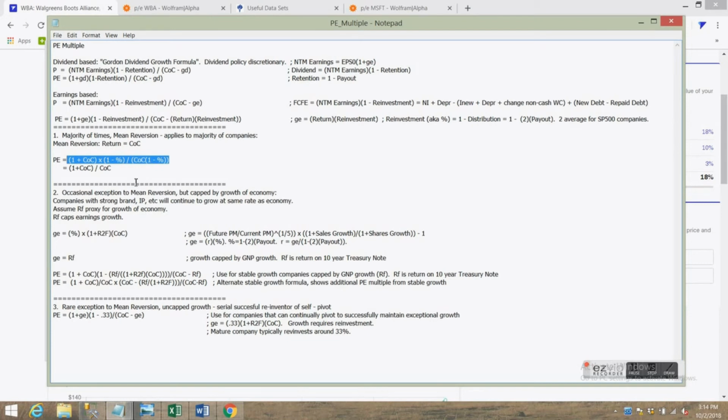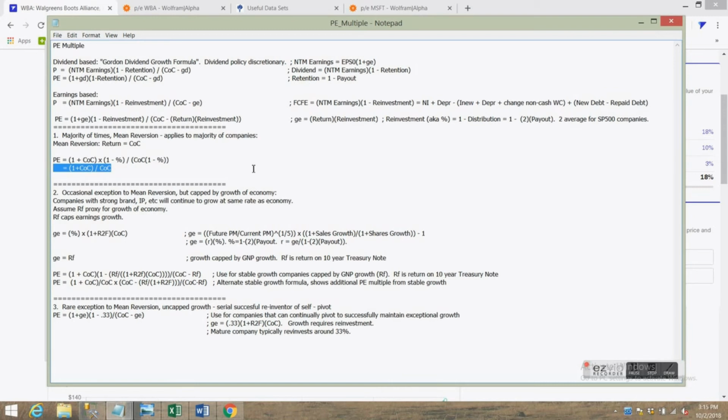And then when you factor it out, you get 1 minus reinvestment in the denominator and 1 minus reinvestment in the numerator. Those cancel out, and you get a very straightforward formula for the price earnings multiple. And that's why you go forward until this mean reversion occurs, and so you do end up with a very straightforward calculation for the default value that Polaris uses.